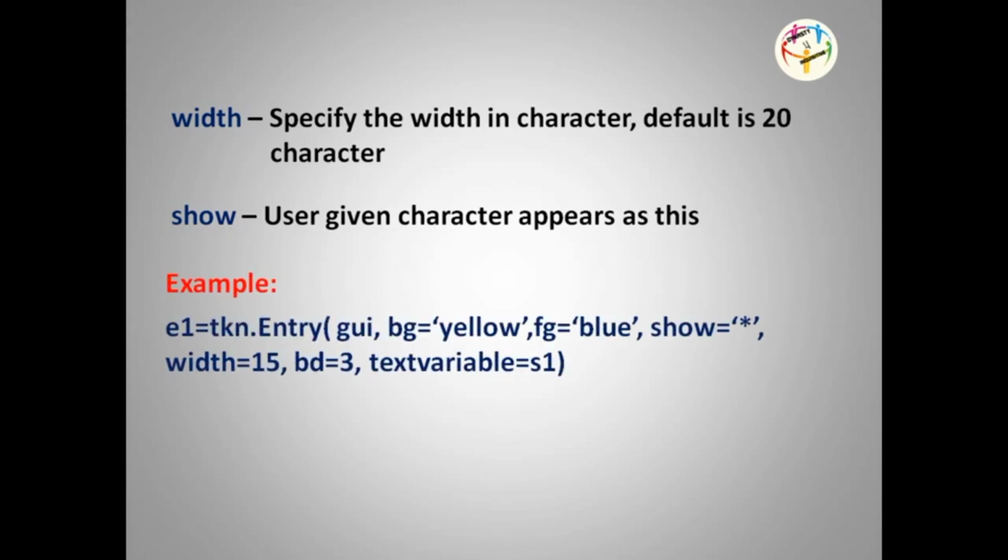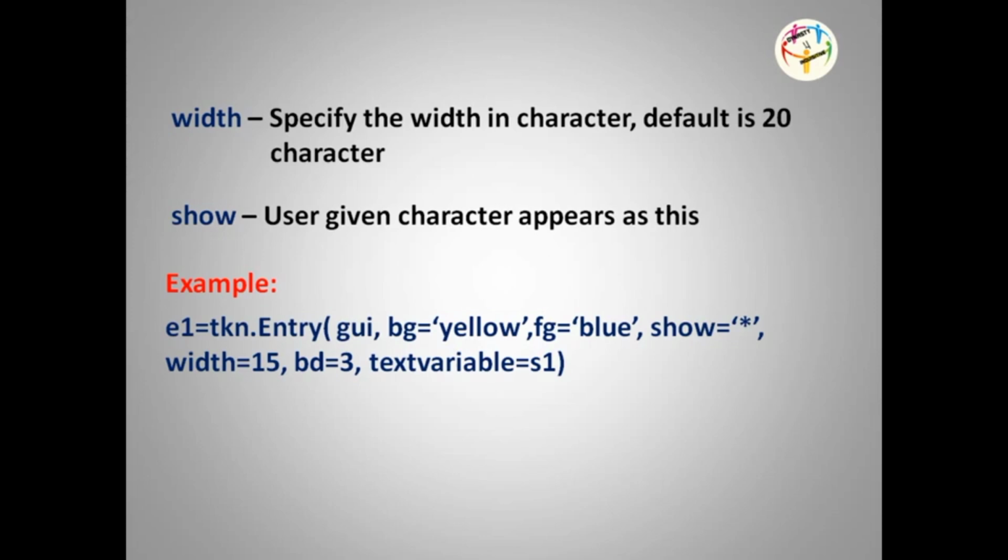Now for example, how can we declare any entry class instance? So e1 equal to tkn.entry, and within the constructor we are passing all the arguments. First argument is GUI, means parent window. Next, bg equal to yellow, background color. fg equal to blue, means foreground color or text color.